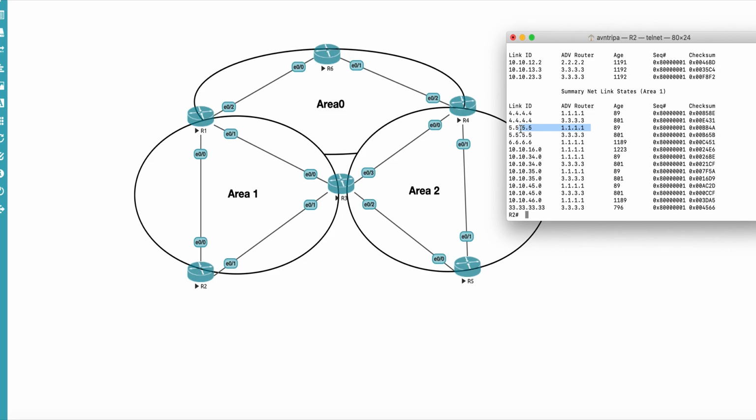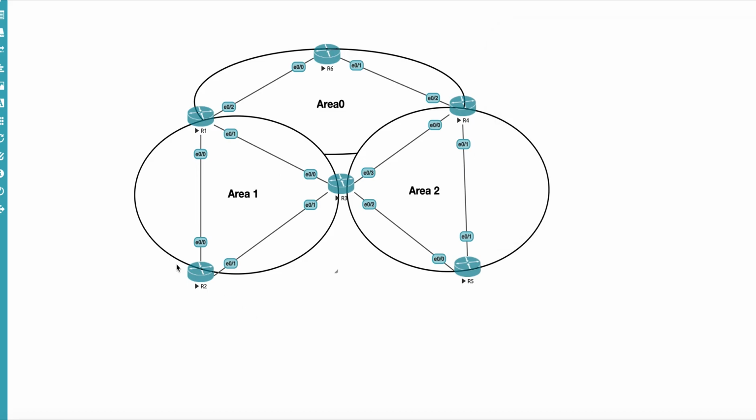So what is happening here? R2 does not have any interface in area 0 with which it has full adjacency. It basically does not have any interface in area 0 itself, and R3 is the router that has one interface in area 0 but does not have full adjacency with area 0.